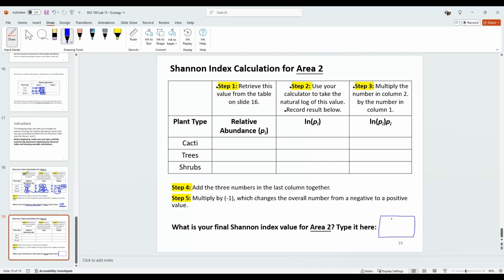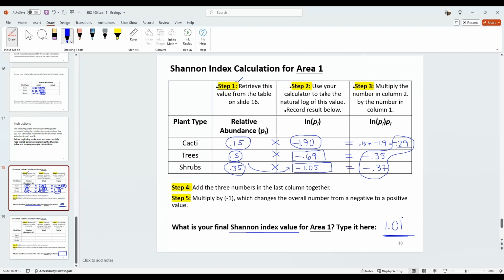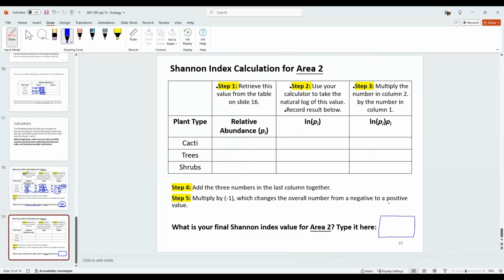And then you're going to finally determine which number is bigger. Is the number for area 1 bigger, or is the number for area 2 bigger? Whichever one is bigger is the area that has a higher level of plant biodiversity as we have measured it.